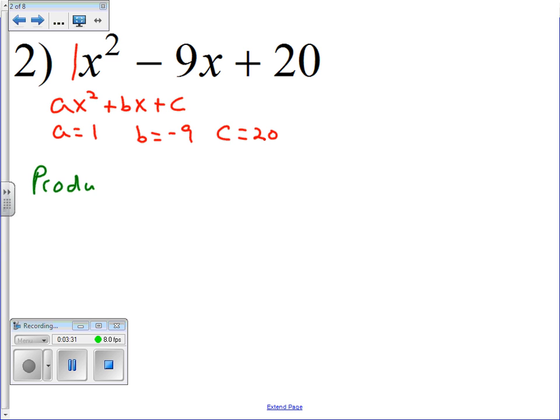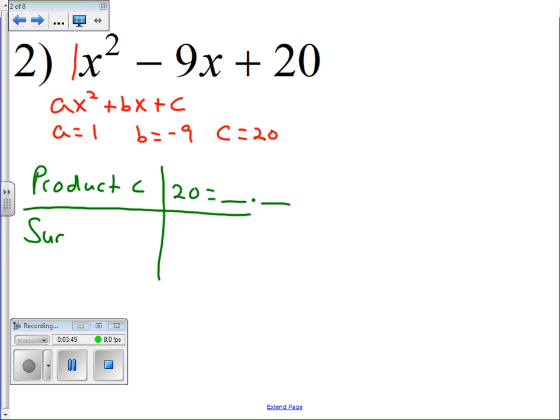We want two numbers that multiply together to give me 20, and the sum is my B: two numbers that add to give me negative 9.